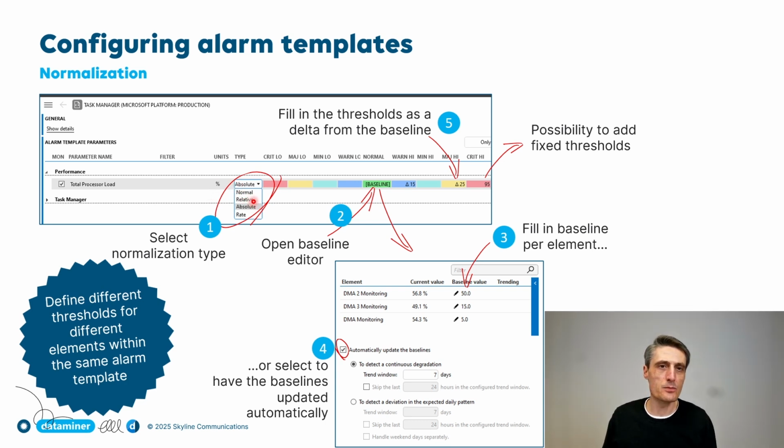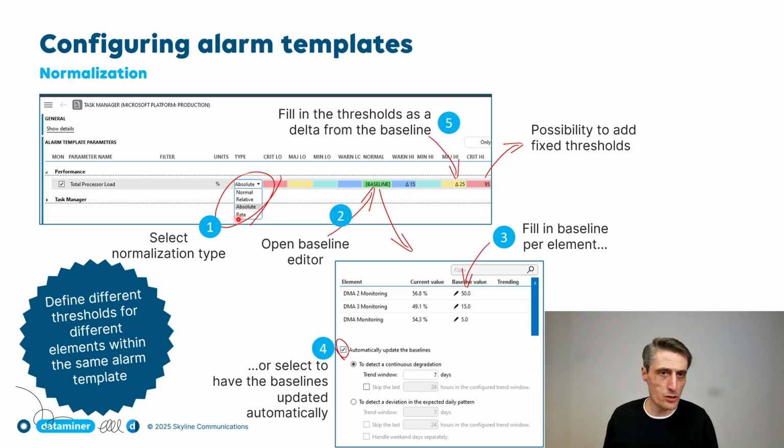So that's the only difference between relative and absolute. That means that your deviation is defined in the actual units. If it would be dBm, you say 3 dBm, or if you say in percentage, 10% more, for instance, than the normal value. Then the higher the normal value is, the higher your percentage or your real deviation will be as well.